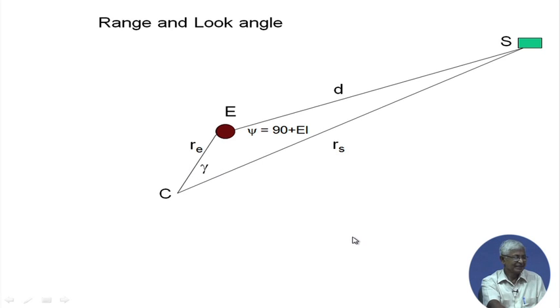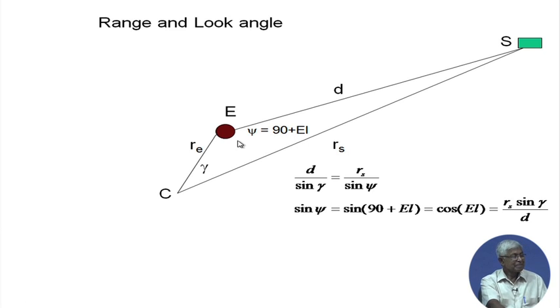We will see that. First, let us look at this triangle again, which is C, E and S, and which forms a central angle gamma at C, and the sides are d, r e and r s.